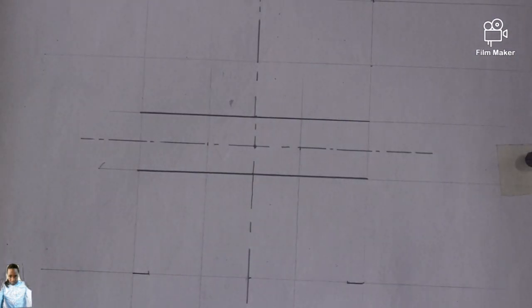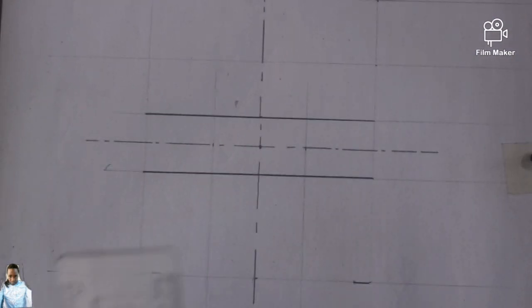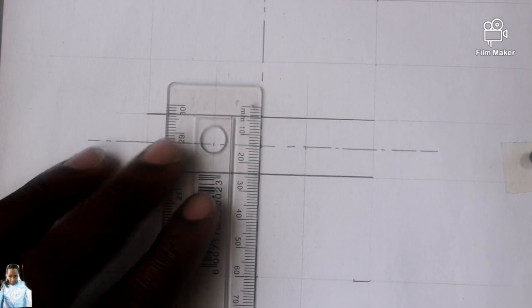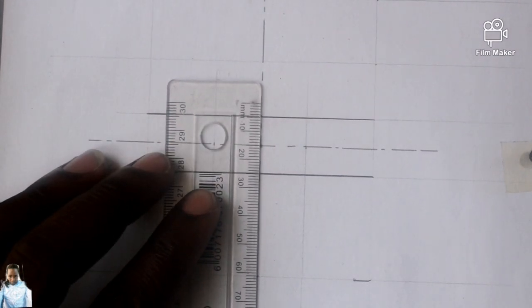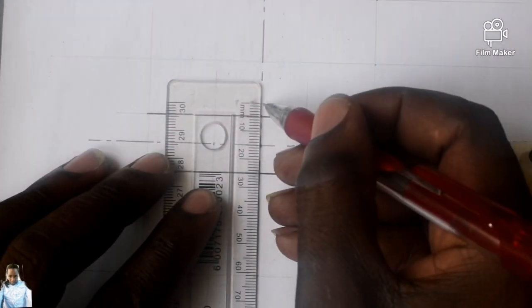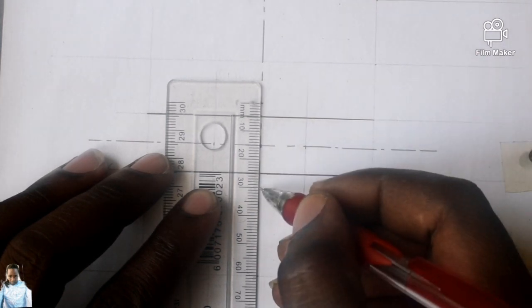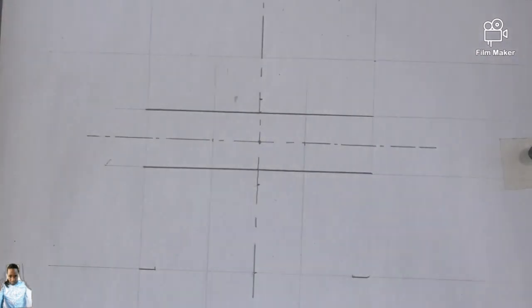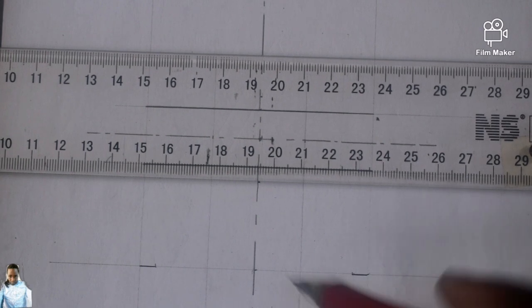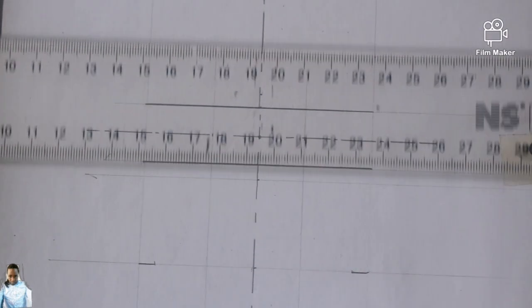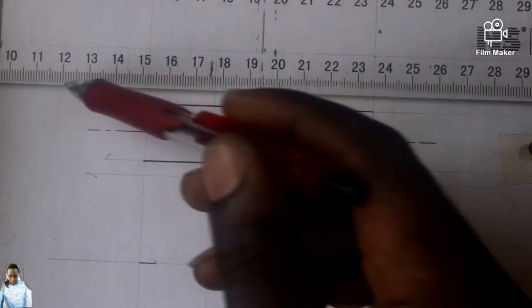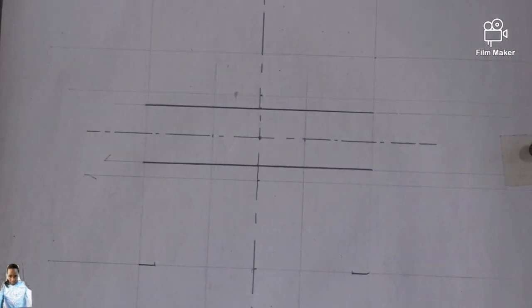So 30 divided by 2, you are getting how much? You are getting 15, isn't it? So there is your 15 millimeter. So mark here and mark there. This is it. Then you put this one, then you put that one.